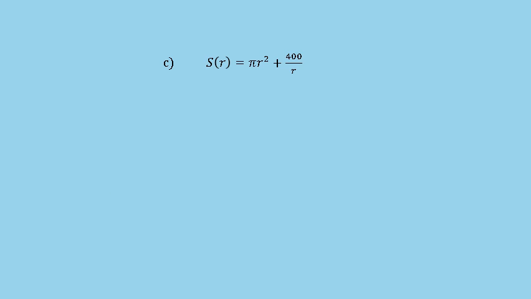Number C. We have S of r equals pi r squared plus 400 over r. And then we are asked to determine the value of r which will give the glass a minimum surface area. So it means we are going to differentiate this, meaning that we have to let S prime of r equal 0.